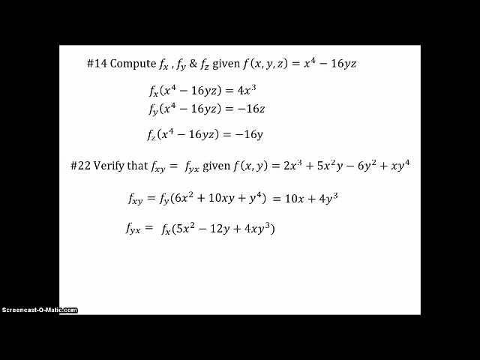Now we're going to take the derivative of that quantity with respect to x. So the middle term is going to go to 0. The first term becomes 10x, and the last term we treat 4y cubed as the coefficient of x, and so the derivative of a constant times x is just that constant. And sure enough, they are the same.